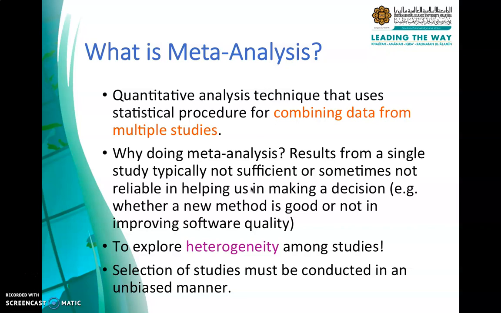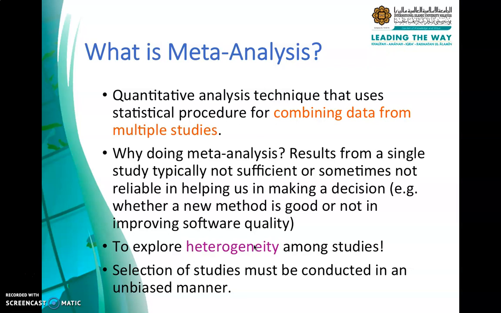If we were to rely on the findings from one empirical study, that may not be convincing enough. So that's why we do meta-analysis. So we can explore whether there is any heterogeneity, any differences in their study findings.